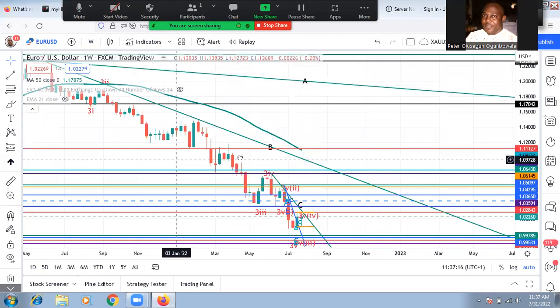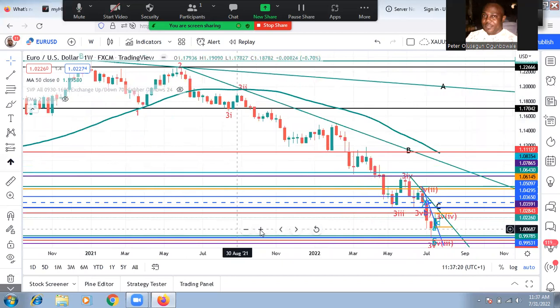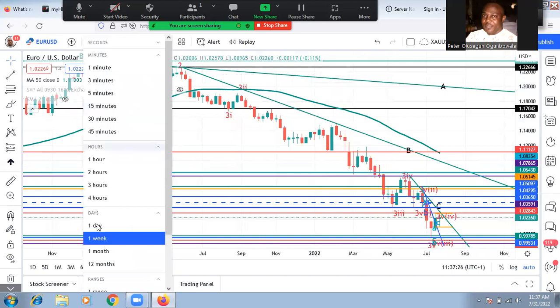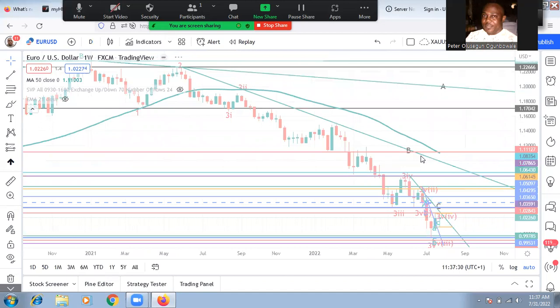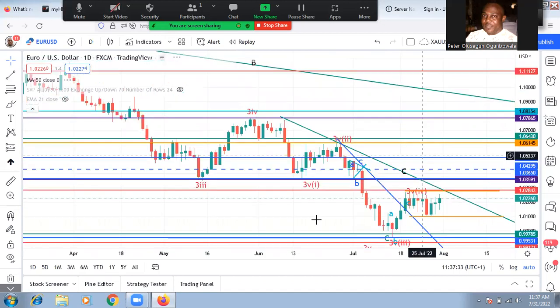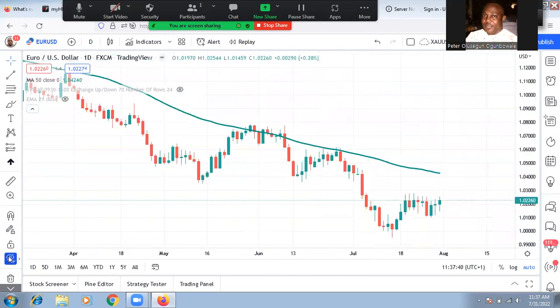So there is no clear sell setup yet, but based on a fib analysis, if you look at the daily time frame, it would make it clearer to you. Let me try and do something for you to see when the price is ready to come down.